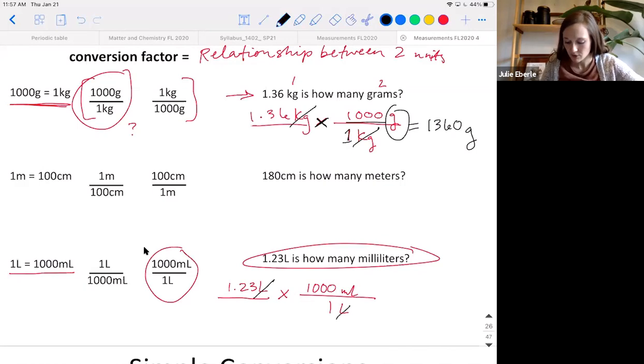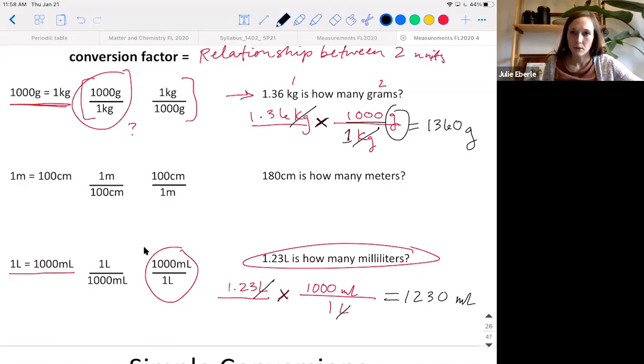Liters on top, liters on bottom, those cancel. Now you do the math: 1.23 times 1,000 divided by 1. You should get 1,230 milliliters.